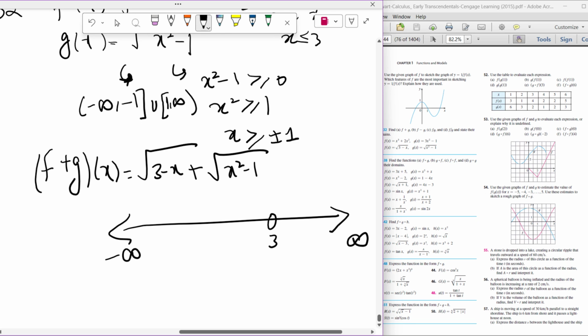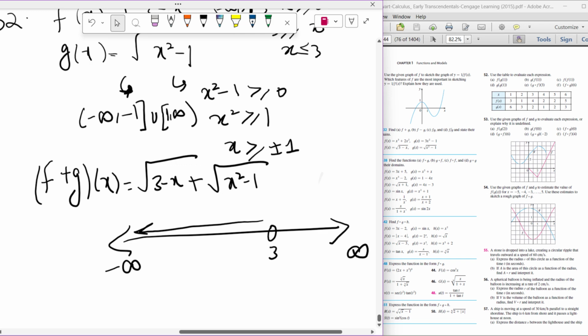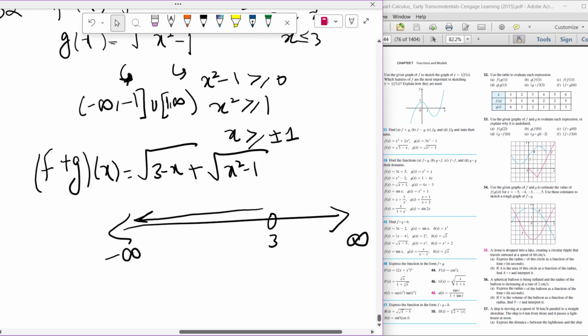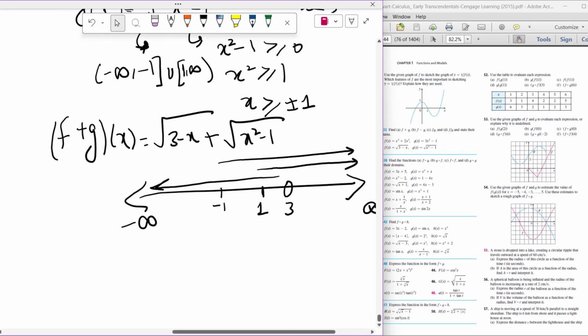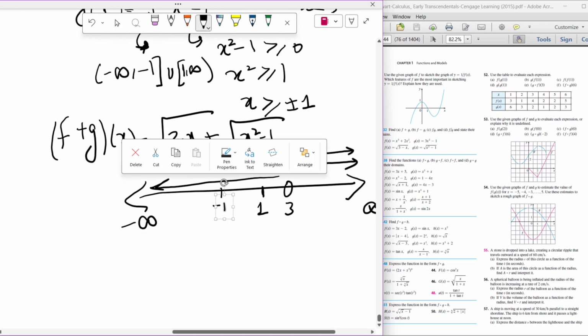So here is the number 3, and this is the part. Second is x should be greater than or equal to 1 and x should be less than or equal to minus 1. So we know that the domain is the intersection.